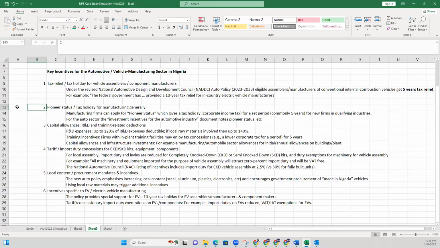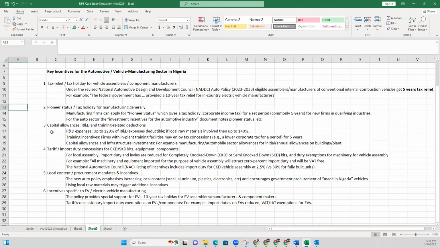Key incentives for the automotive/vehicle manufacturing sector in Nigeria. 1, tax relief or tax holiday for vehicle assemblers/component manufacturers under the revised National Automotive Design and Development Council, NADDC, Auto Policy 2023 to 2033.